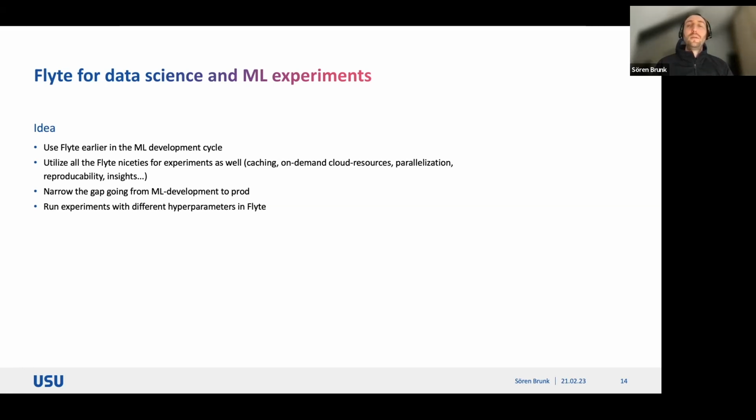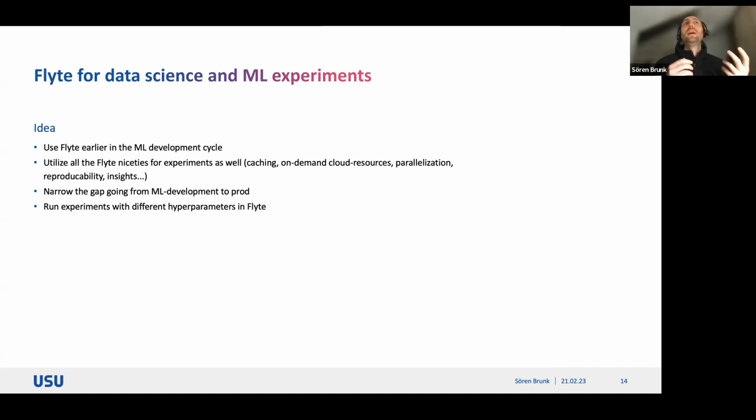The basic idea is to use it earlier in the machine learning development cycle, not only when things go to production, and of course benefit from all the Flyte niceties, like caching, especially the on-demand cloud resources, including the GPU stuff I've just talked about, parallelization, and also reproducibility, and all the insights and transparency we gain through workflows, where you can look into intermediate results and so on.